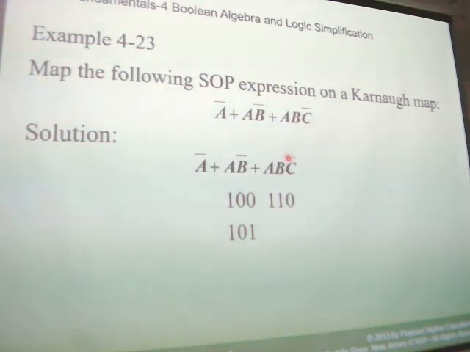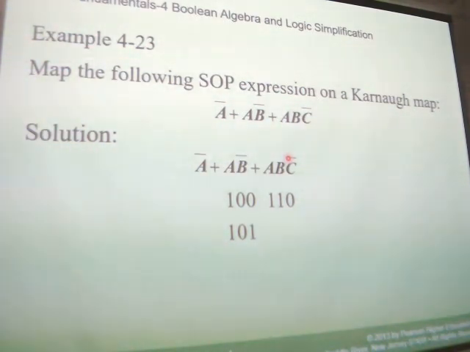A bar, we can write as A bar times (B plus B bar) times (C bar plus C).